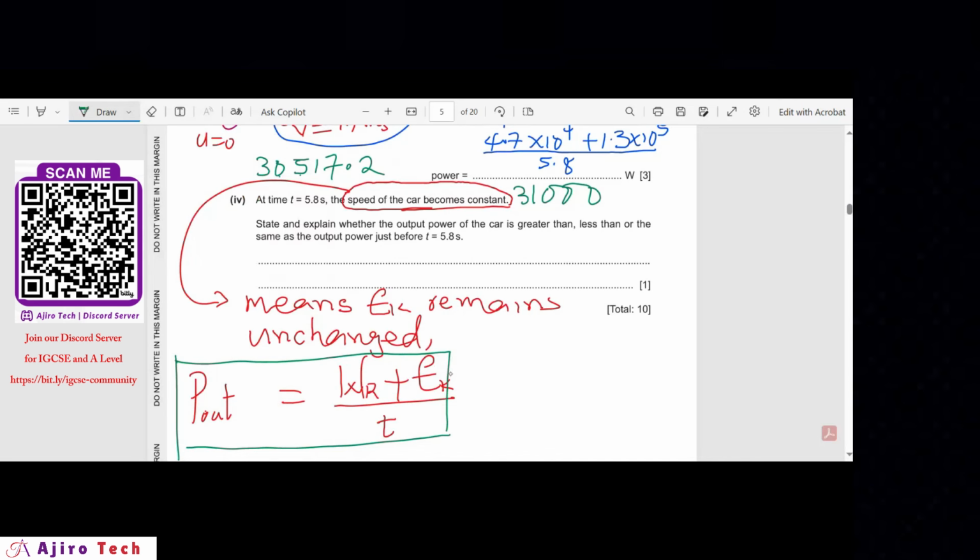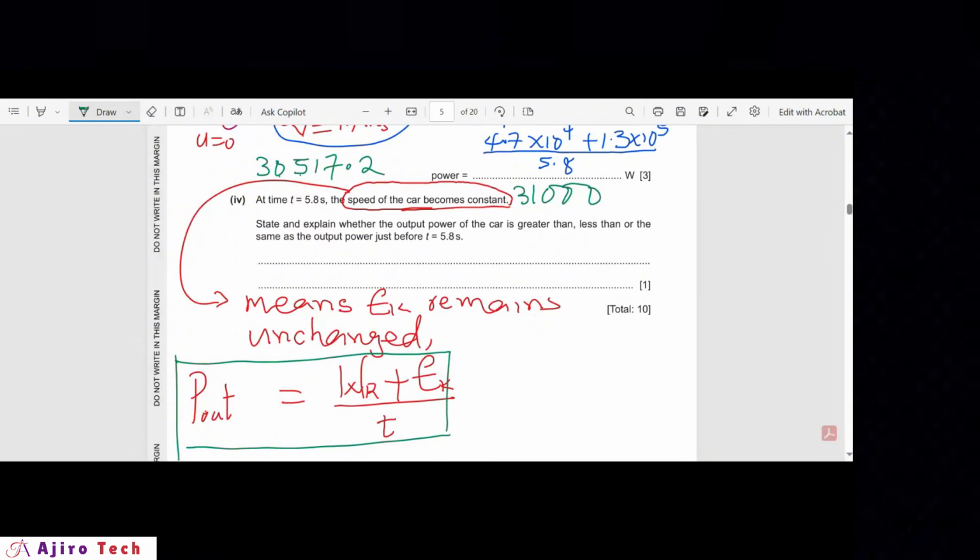The power output becomes less because the constant speed does not increase kinetic energy.